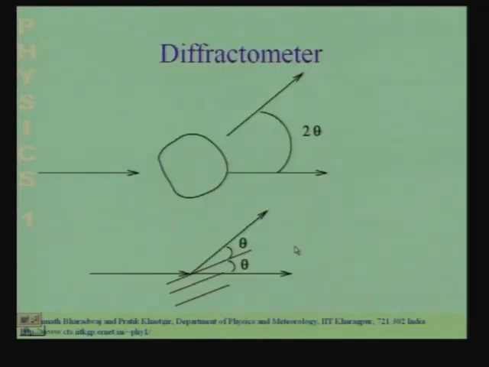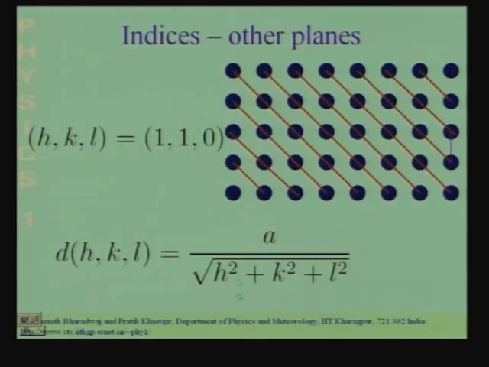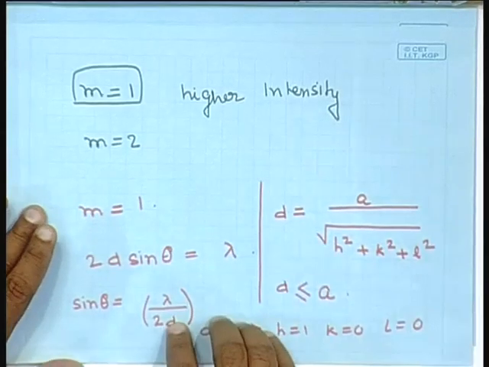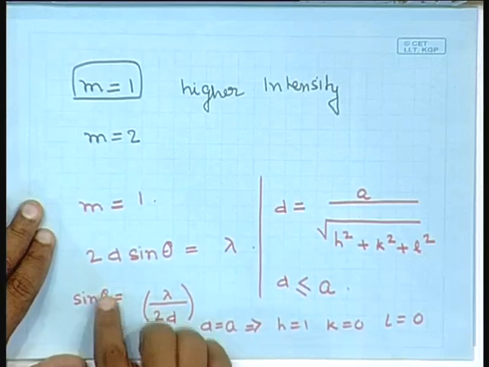As you increase the values of H, K and L, the spacing D gets smaller and smaller, and as D gets smaller, the angle theta has to increase.